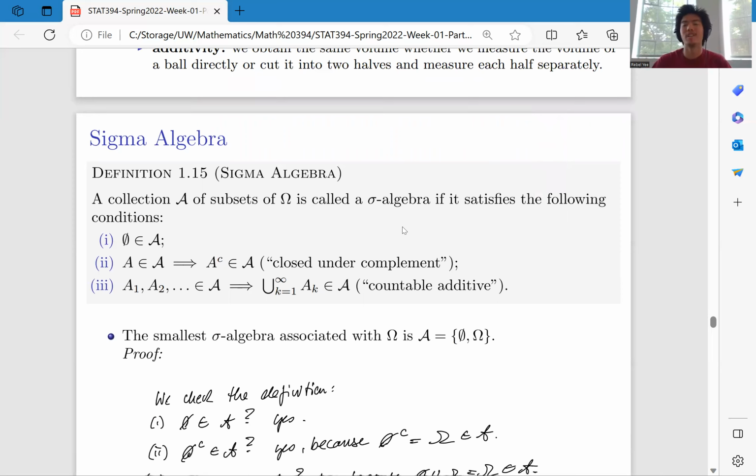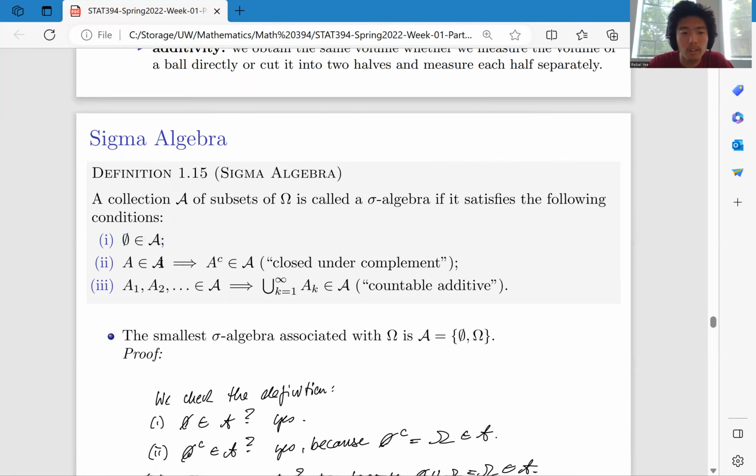Sigma algebra is a very interesting topic in algebra. It doesn't have many interpretations in reality, but it is just a collection of sets that has these 3 properties. The first one is that the empty set must be in this set.